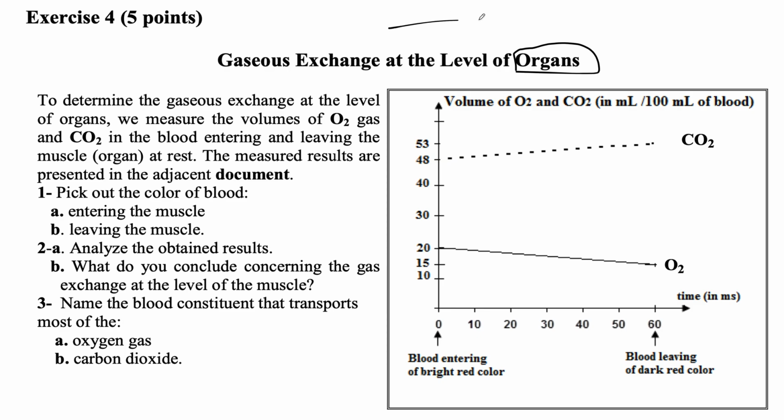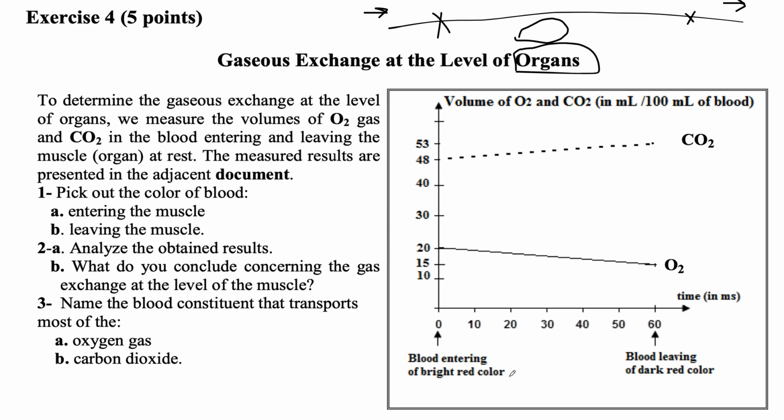So we have blood entering and leaving, and here we have, for example, the muscles. We measure the volume of O2 and CO2 here, and the volume of O2 and CO2 here. So can you see the point of entering a muscle and the point of leaving this muscle? So pick out from this document the color of blood entering the muscle.